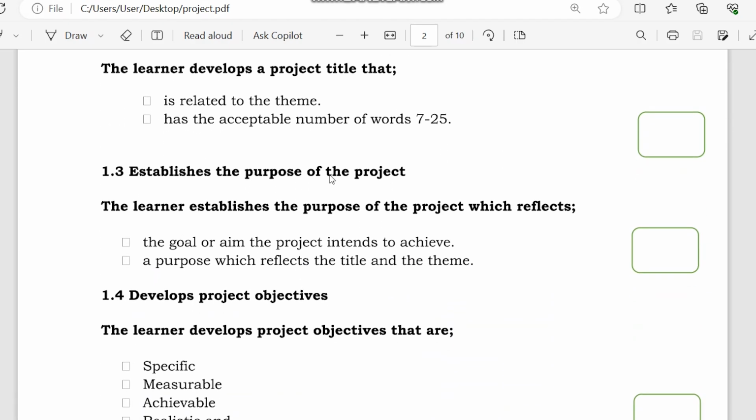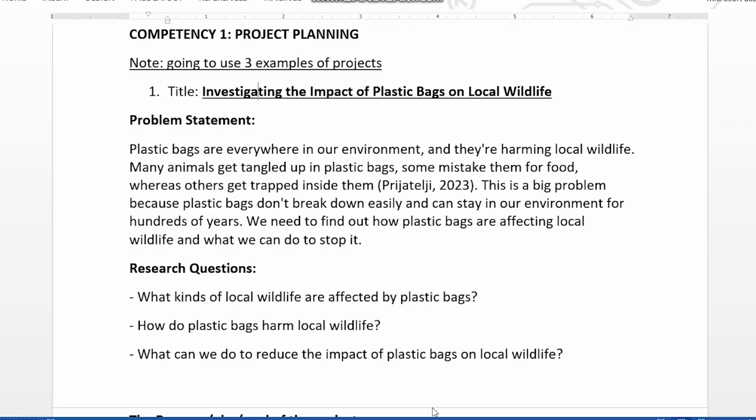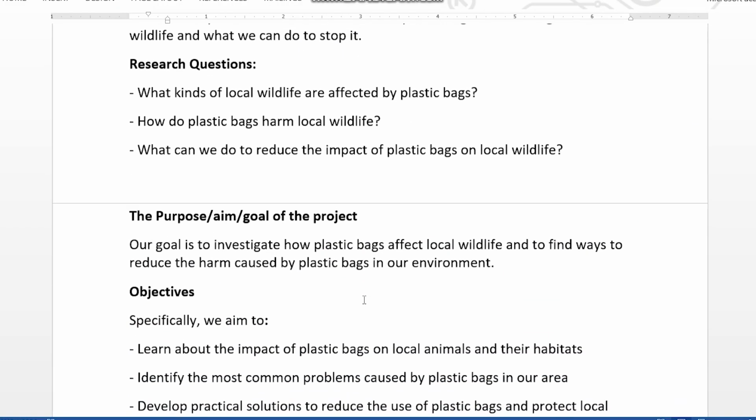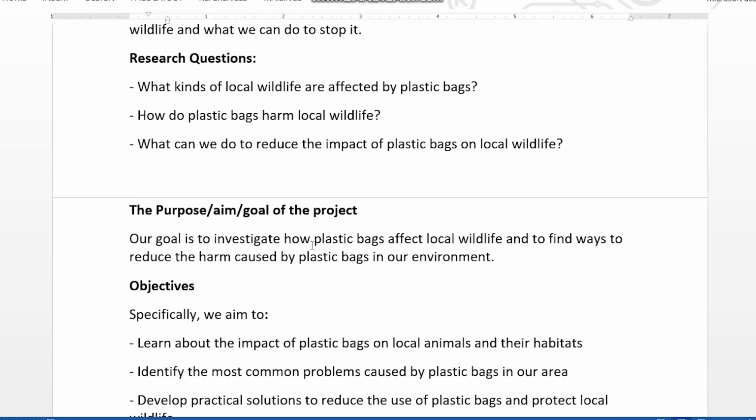And then establish the purpose. The purpose is the goal or the aim the project intends to achieve. So if you look here, there is a purpose I put here: "Our goal is to investigate how plastic bags affect local wildlife and to find ways to reduce the harm."